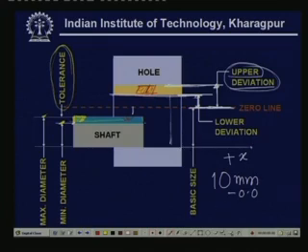That means only on one side you are giving the tolerance, and that is sometimes referred to as unilateral. So, we understand that tolerances can be of two types: one is bilateral, another is unilateral. That means either you give tolerance on both sides, or you give tolerance on only one side.